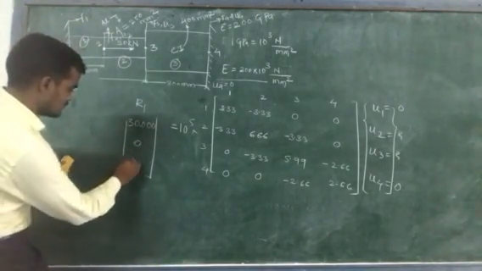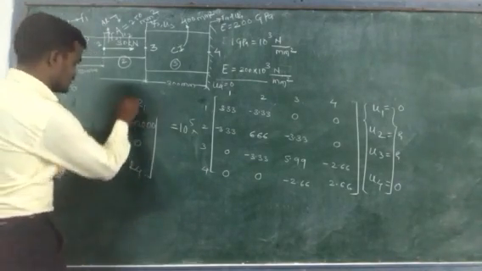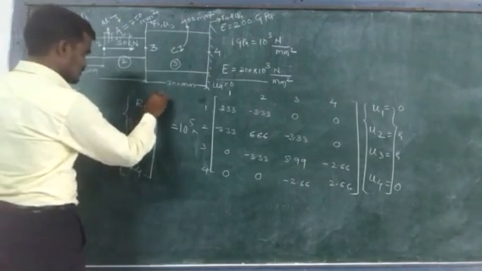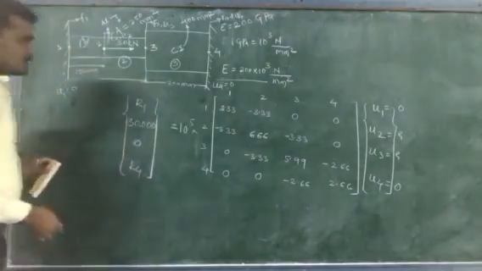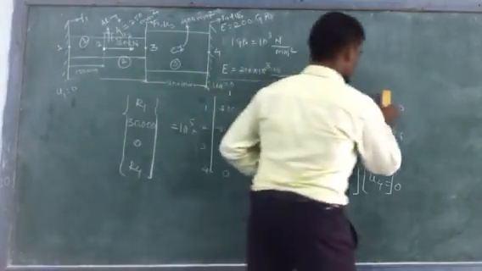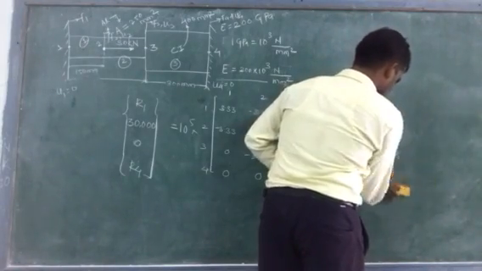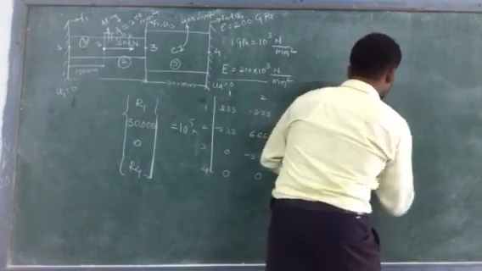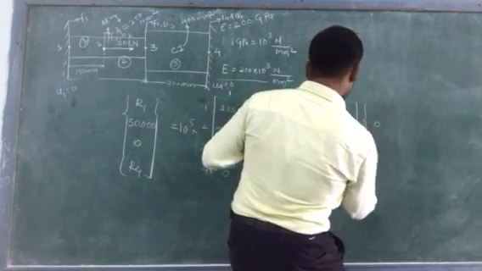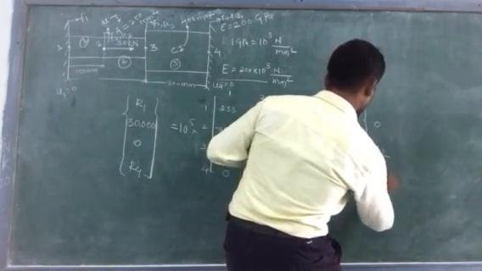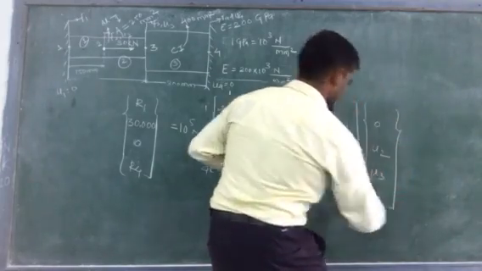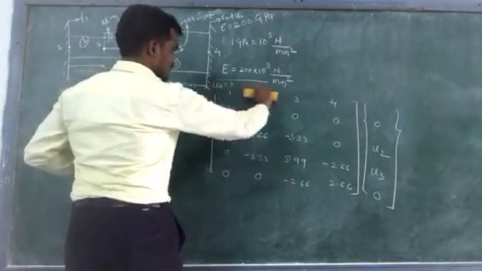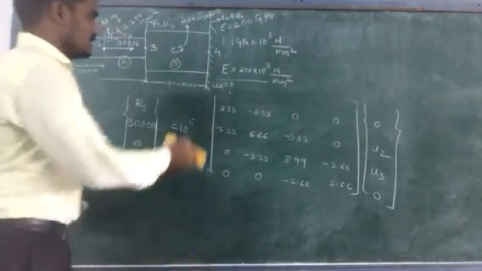Finally, this is 0, U2, U3. In this way, you can write the equations.